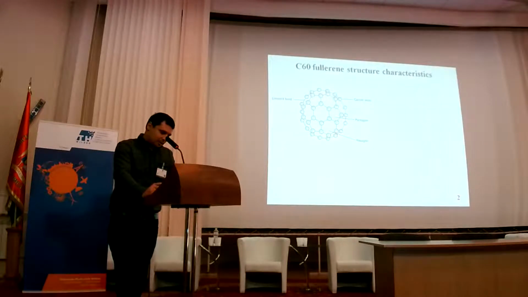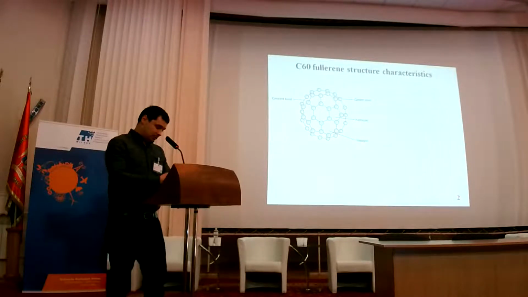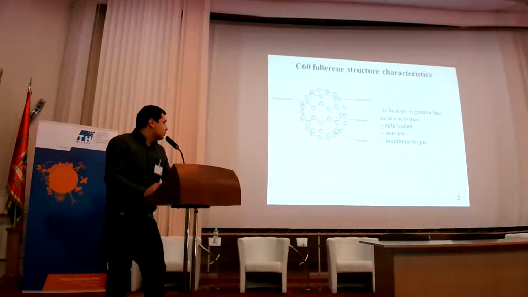We think that it could be an alternative resource to fight coronavirus at different stages of infection. Another reason we did it is that, according to literature data, carbon-60 fullerene has antioxidant, antiviral, and some membranotropic activities.